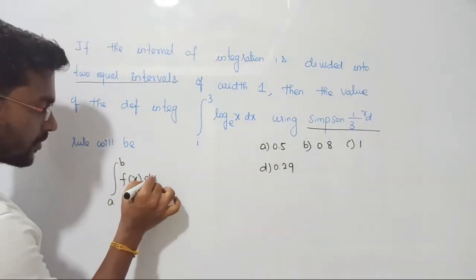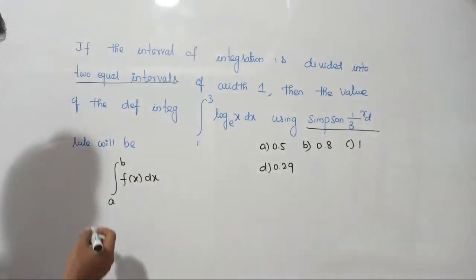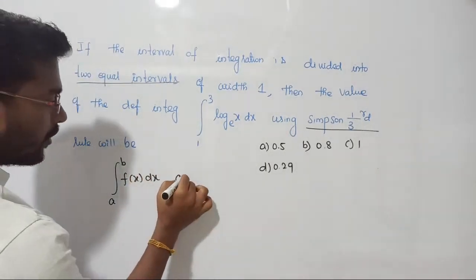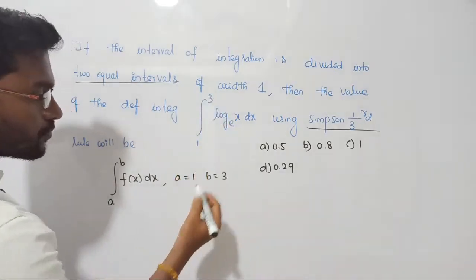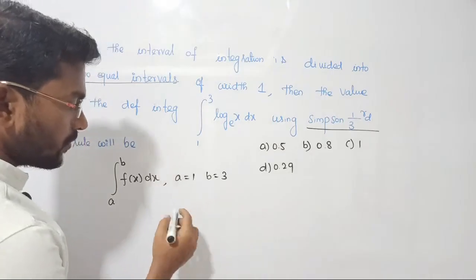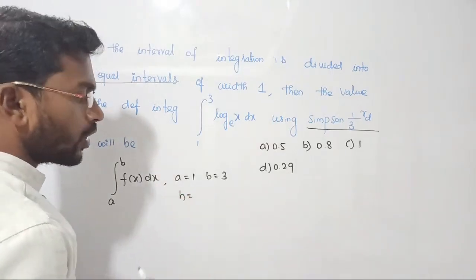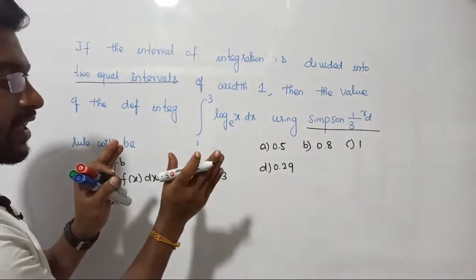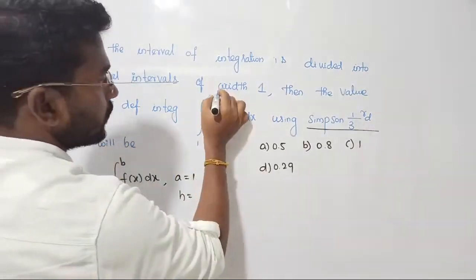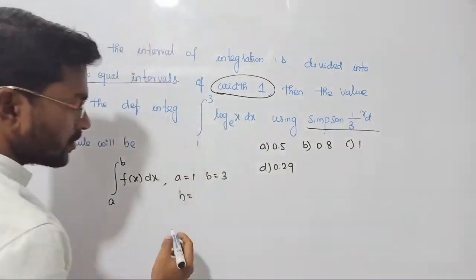That is the general representation of any function. Here the value of a is 1, and the value of b is 3. Width denotes step size, the gap between the first point and the second. That width is given here as 1.